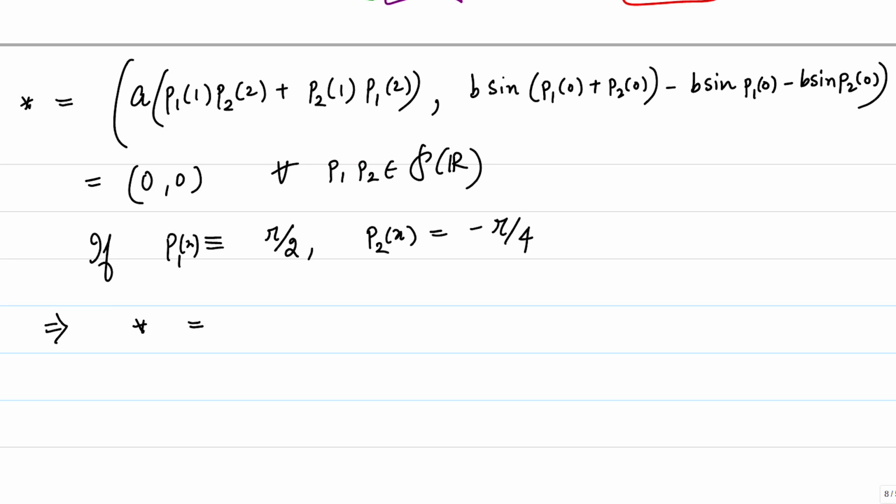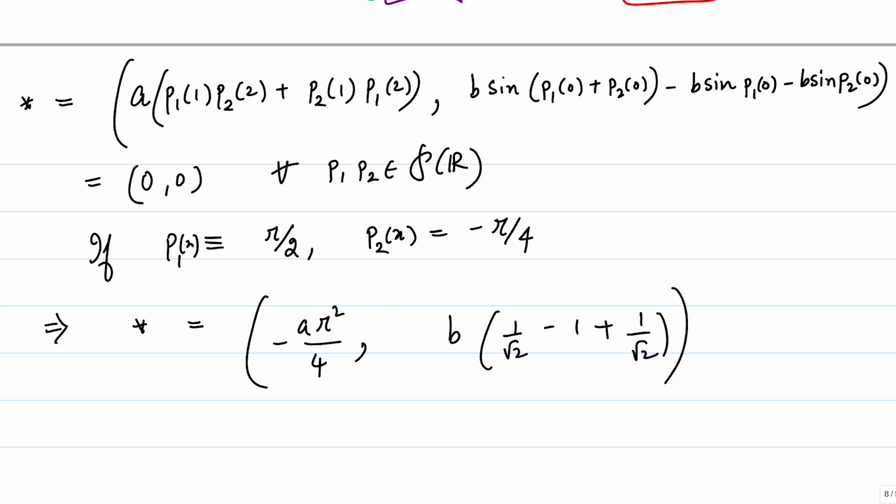Star is equal to, maybe the first term will be pi square by 8 into 2, so pi square by 4, minus pi square by 4, and the second term will be, there will be an a, obviously, there will be a b times sine of pi by 2 minus pi by 4 is pi by 4, which is 1 by root 2, minus P1 is pi by 2, which is 1, which is again subtracted by maybe plus 1 by root 2.